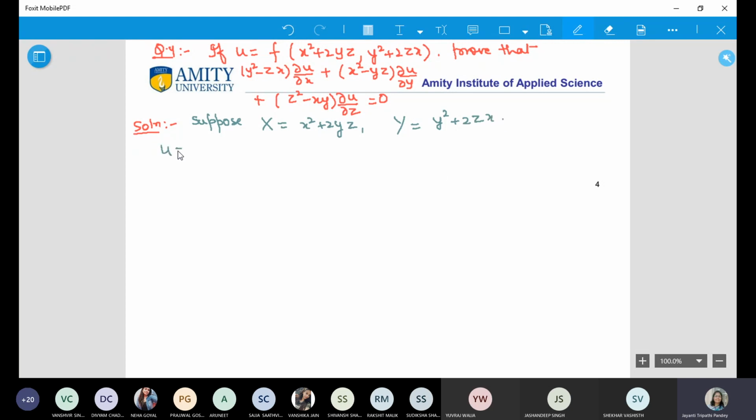Now we can write u as a function of capital X comma capital Y. Is this okay? Now if I have to find del u by del x, we will treat it as del u by del capital X into del capital X by del x plus del u by del capital Y into del capital Y by del x.